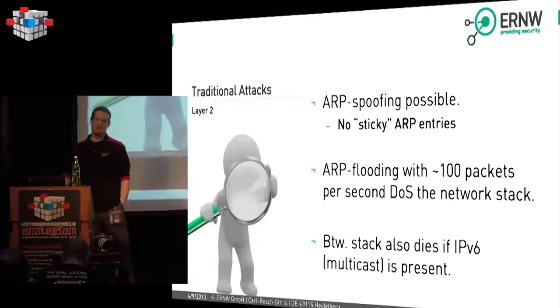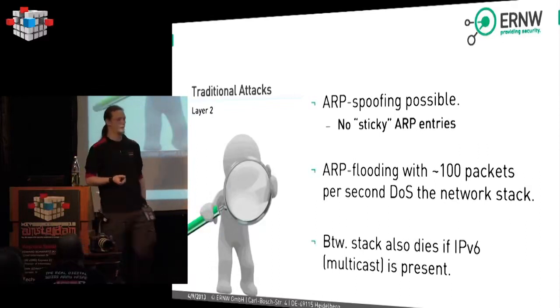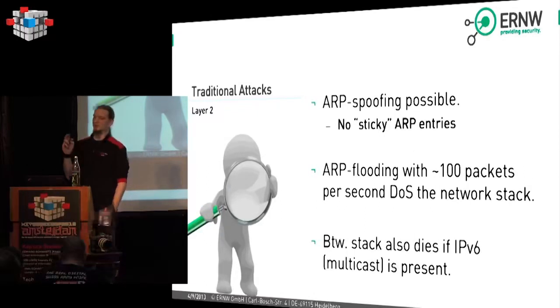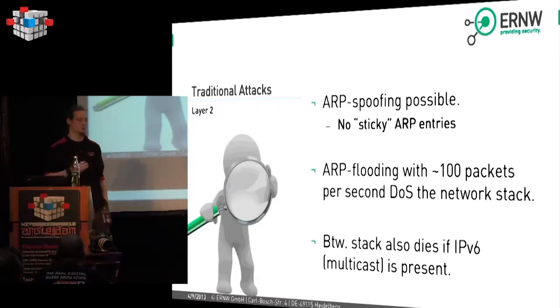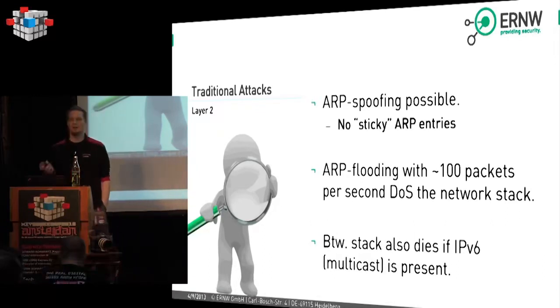Speaking about traditional attacks, we first had a look at layer 2 of the camera, which means all the spooky Ethernet stuff one could do, like ARP spoofing. This is possible on the camera; the camera doesn't hold any sticky ARP entries or anything fancy like this.